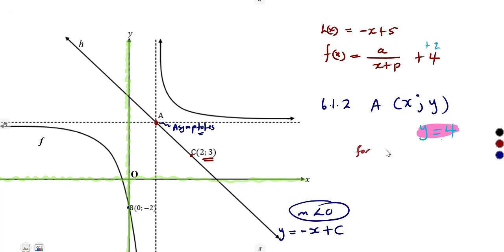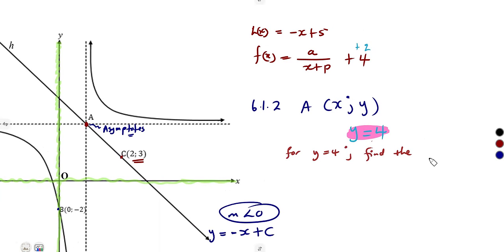For y is equal to 4, find the value of x. Find the value of what? The value of x. From which condition? Since the point A lies on h(x).